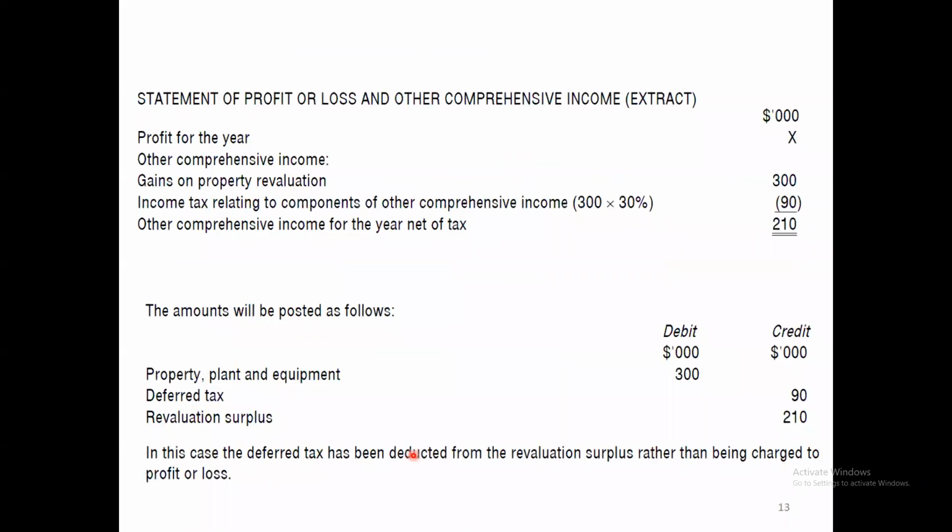In the absence of tax, the normal entry will be property, plant, equipment debit, revaluation surplus credit 300. Due to the tax, the revaluation surplus has been reduced by deferred tax. So it will impact equity, not the current profit or asset.